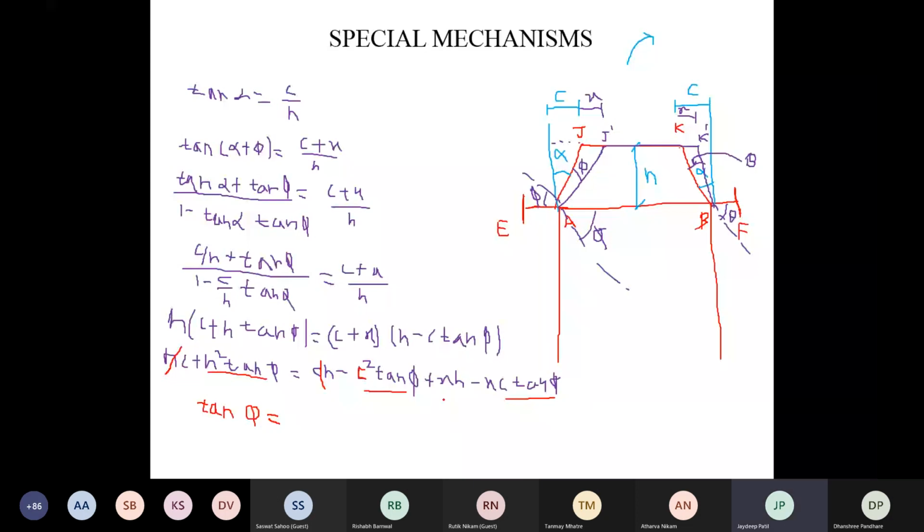Okay. Then what will the equation be? Tan phi is equal to xh upon h square plus c square plus xc.